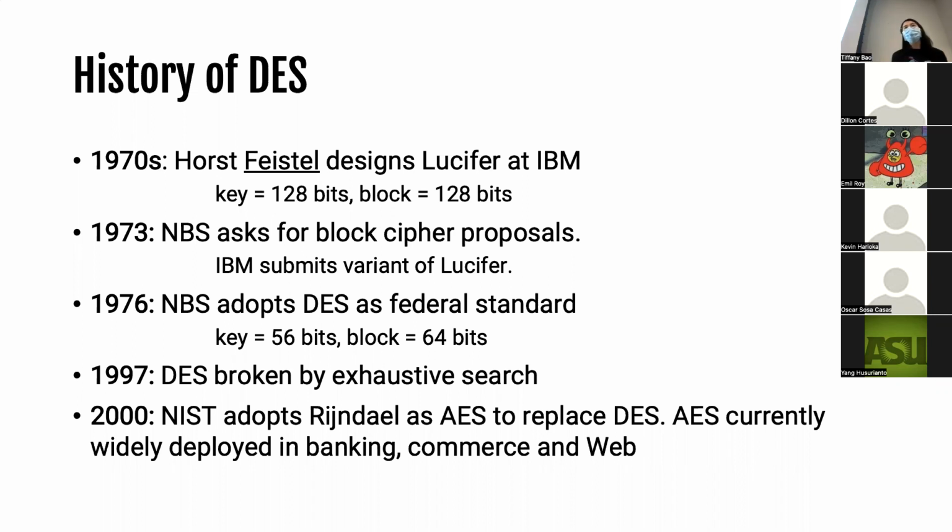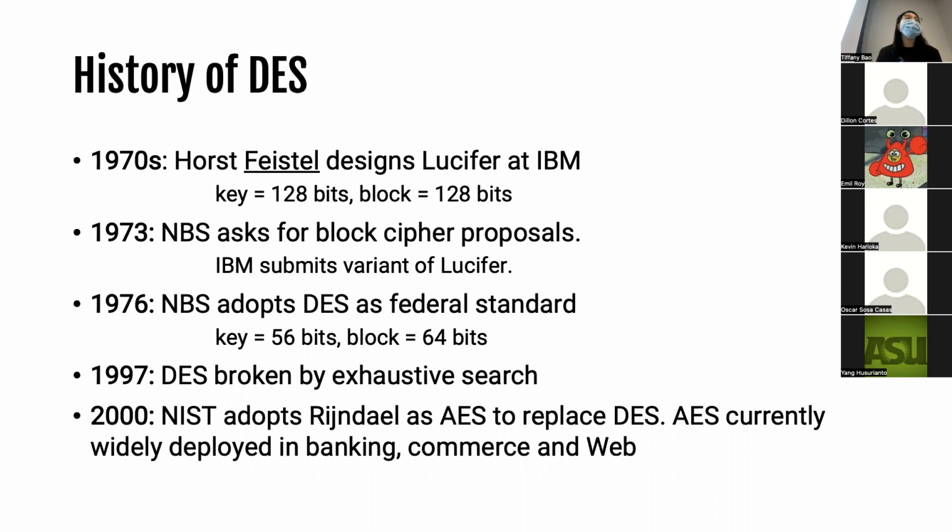Okay, so some history about DES. 1970s, Horst Feistel designs Lucifer at IBM, and it has a key of 128 bits, and the block was 128 bits as well. And then later on, NBS asks for a block cipher proposal.